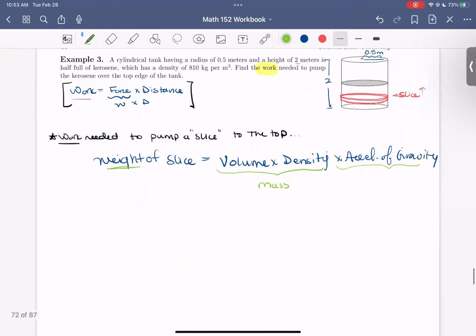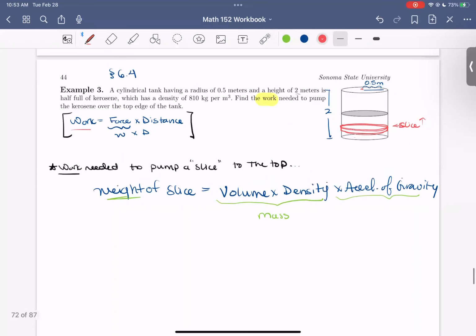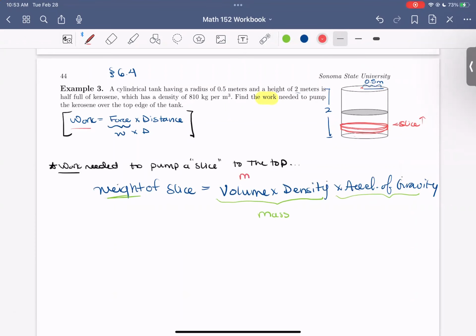Let's go ahead and check where our units are at. We're given all of our dimensions of the tank, and therefore the slice, in meters, so our volume would be meters cubed. The density is given to us in kilograms per meter cubed, so the meters cubed would cancel.